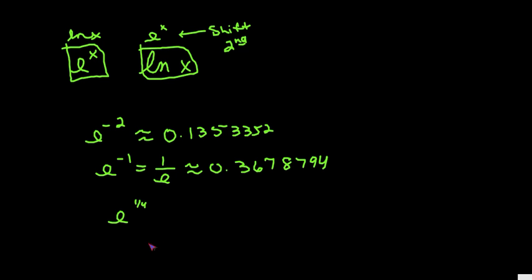Now remember, if you plug this into your calculator as a fraction, if it's a common fraction, you can probably ignore the parentheses by just typing in 0.25. So on this one, it's going to come out to be approximately 1.2840254.